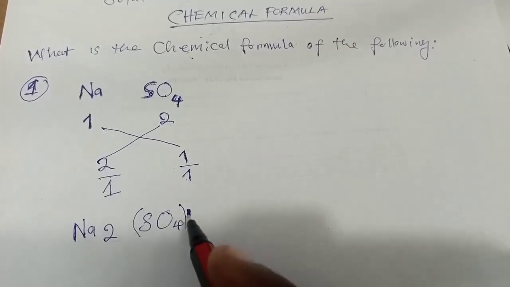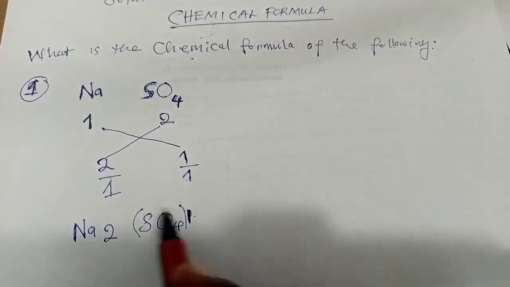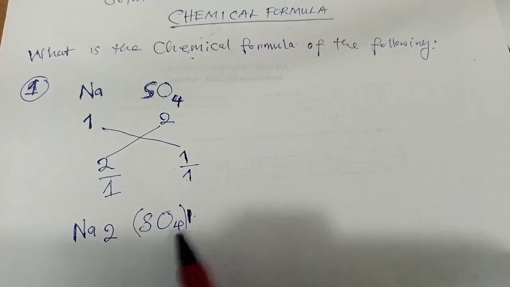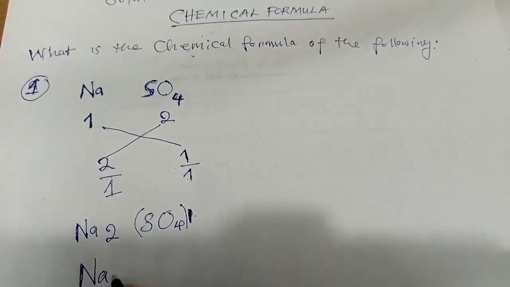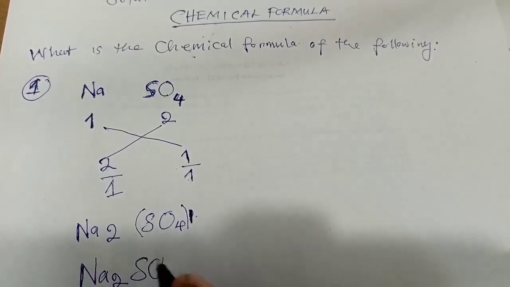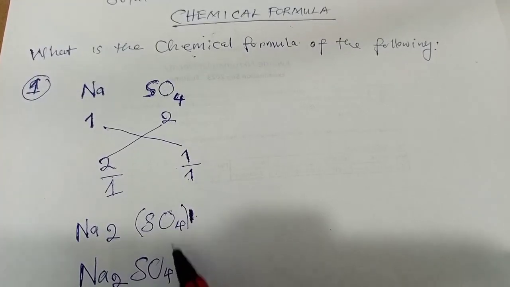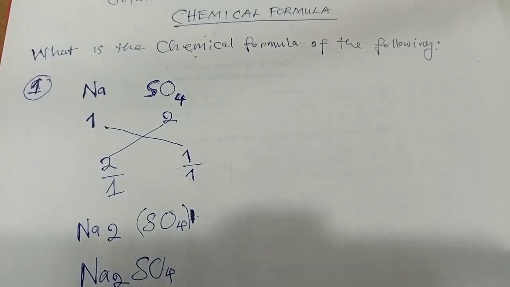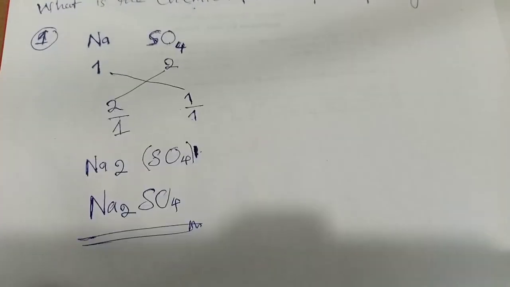But if it is not greater than 1, leave it outside the brackets. You write it like this: sodium 2, then sulfate. This means that this one has multiplied everything inside, as you have multiplied 1 with everything inside. So this is what you are supposed to write as the chemical formula for sodium sulfate.